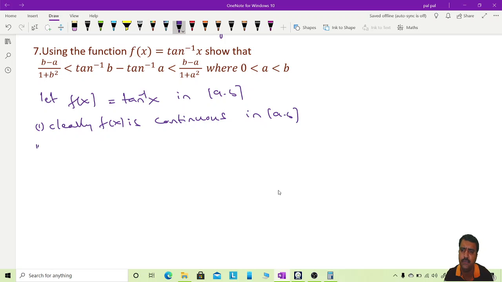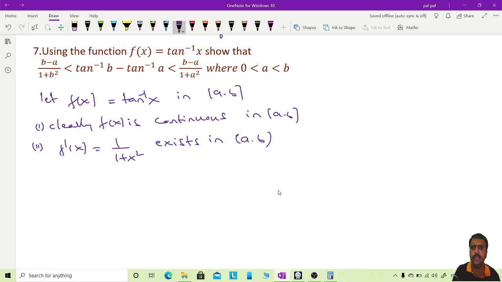Next is differentiability. You take f dash of x. F dash of x is equal to 1 by 1 plus x square. That also exists in the interval ab, because a is greater than 0 and b is greater than a.